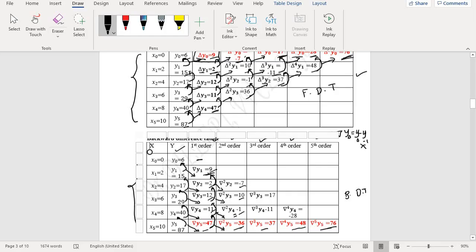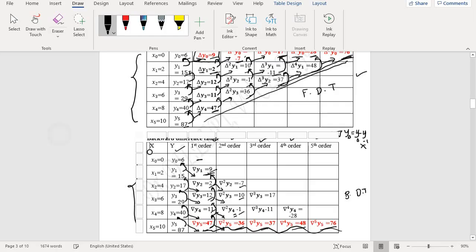So that's why when you are going to construct the table, just construct the forward difference table. From the forward difference table only we can identify the leading backward entries. Now observe the last value from each column in both the tables. 47, 36, 37, 48, 76. Same here 47, 36, 37, 48 and 76. There is no difference.